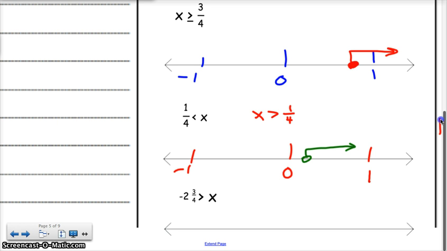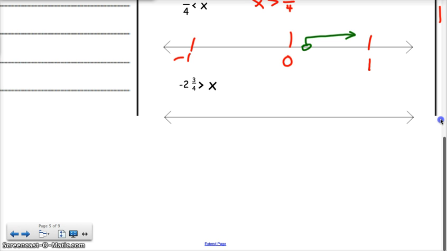Oh no, negative 2 and 3/4 is bigger than x. Okay, I can do that. Variable on the right, first thing I need to do is get it on the left. X is less than negative 2 and 3/4. Okay, so it looks like I need to go from 3 to negative 3. I know that because it's bigger than 2, the absolute value of 2.